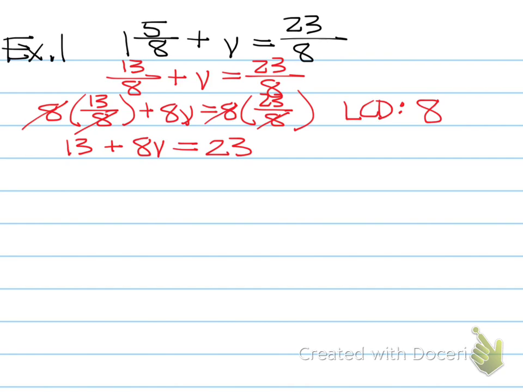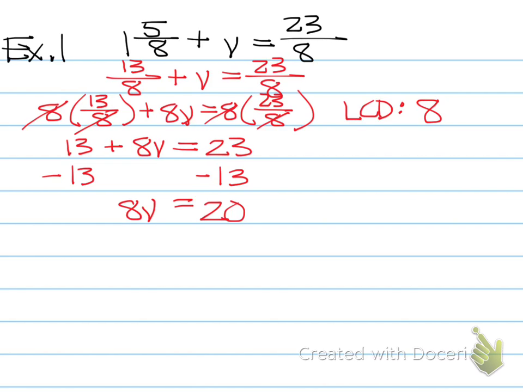Next step, we don't have anything to distribute. We don't have any like terms to combine. So we want to now isolate the term that has our variable in it by adding or subtracting. Right now we are adding 13 to that 8v term. So we want to subtract 13 from both sides. When I subtract 13 from both sides, I will just have 8v left on the left side.